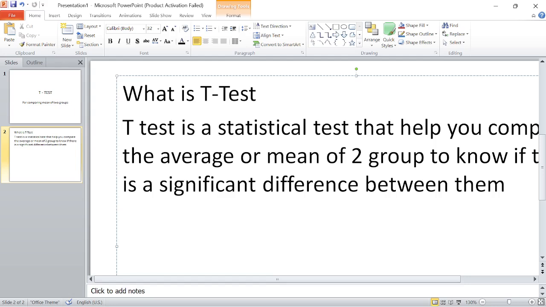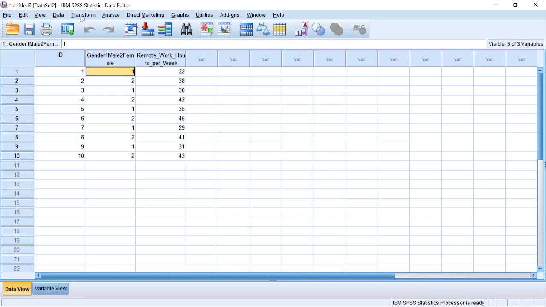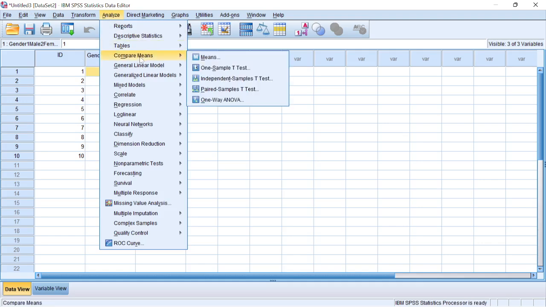Before I continue with this, let me open my SPSS so that I will quickly show you the three types of t-tests as they are written in the data analysis software SPSS.